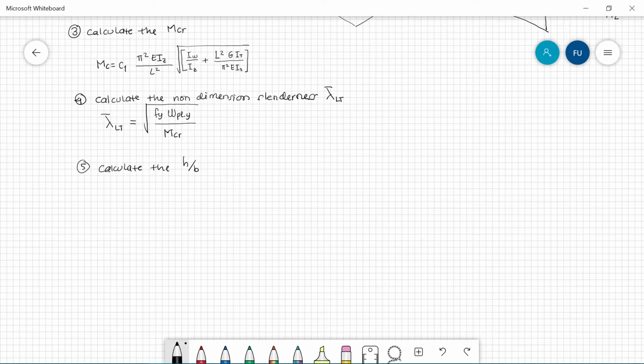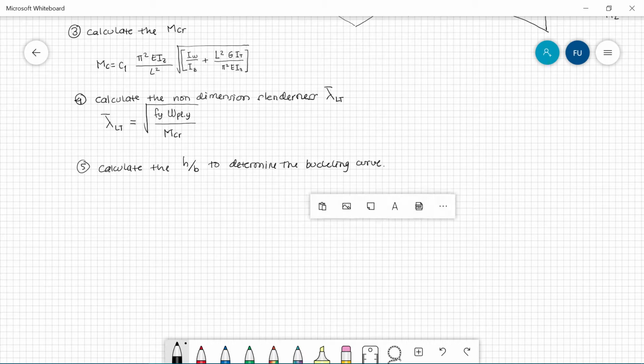After the h/b, determine the buckling curve. Then we use the information to determine the imperfection factor.